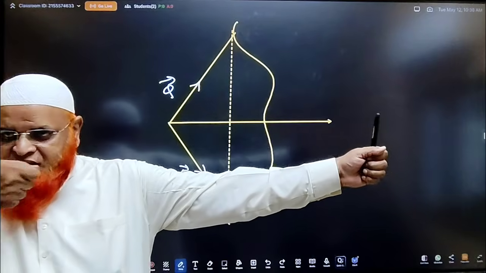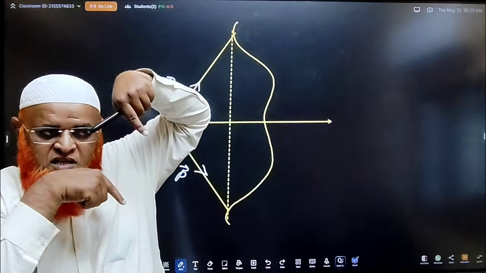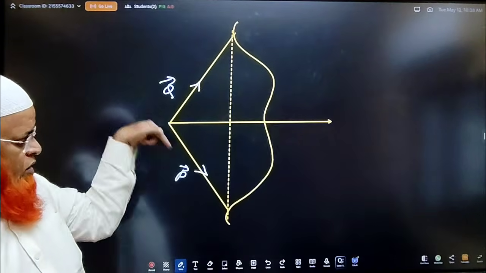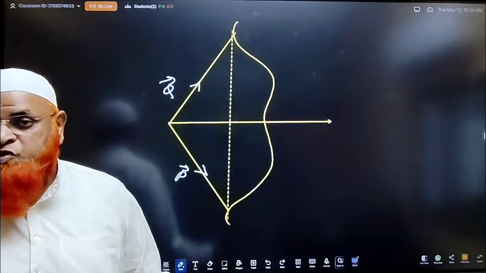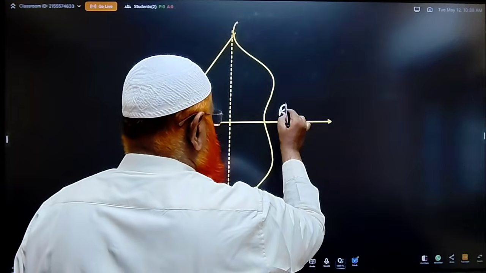If you pull the bow, the string is stretched like this and like this. Two forces on the string are like this. No. The arrow will go in this direction, which is going to be the resultant. Alright or not?